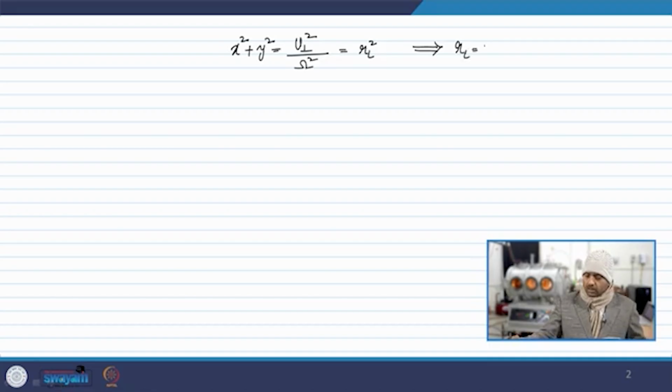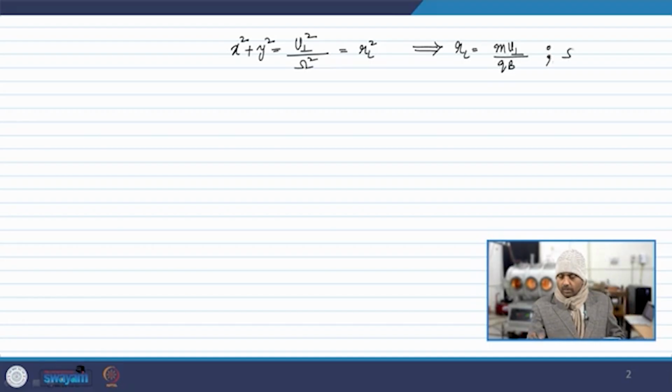RL is nothing but the radius of gyration, which is m v perpendicular by q B, and omega, the frequency of gyration, is q B by m. So far it is straightforward, right.